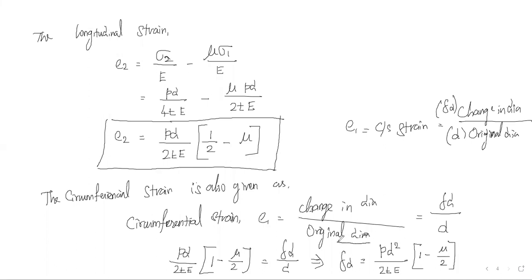So this is the formula for change in diameter. If I take this one as equation number 2, this is equation number 3 for change in diameter. Similarly, I have to calculate the change in length.